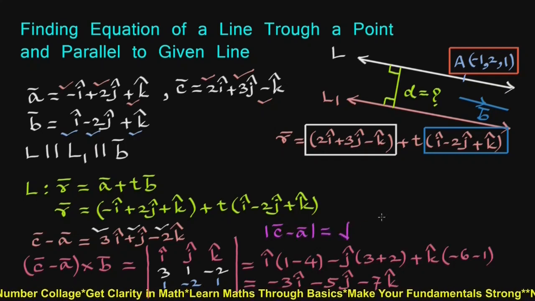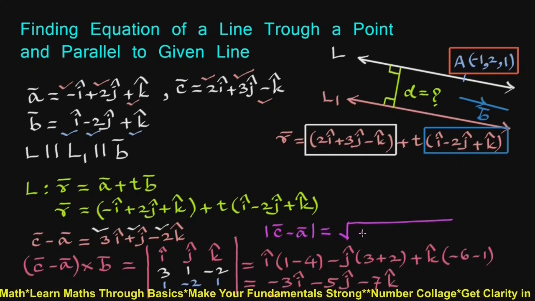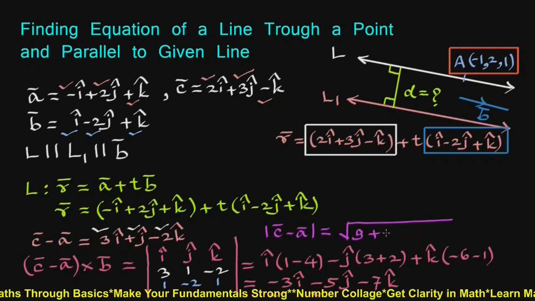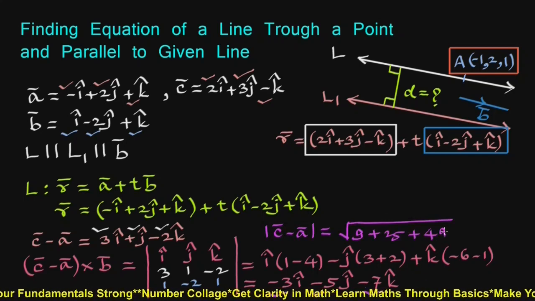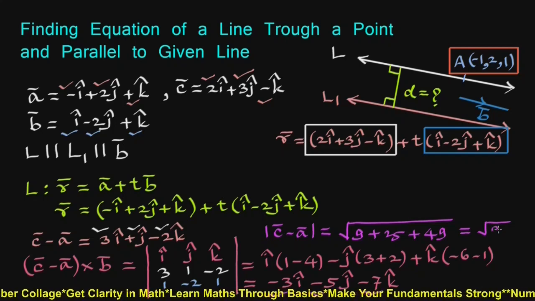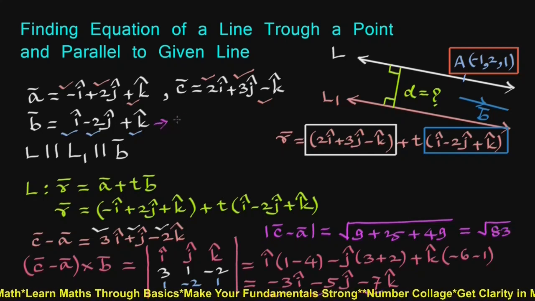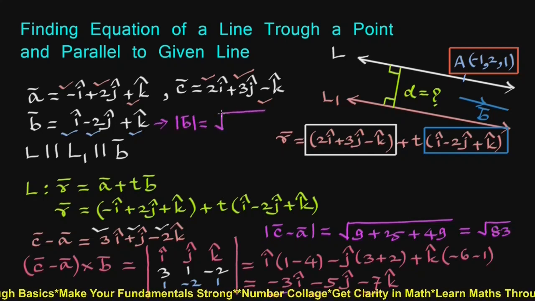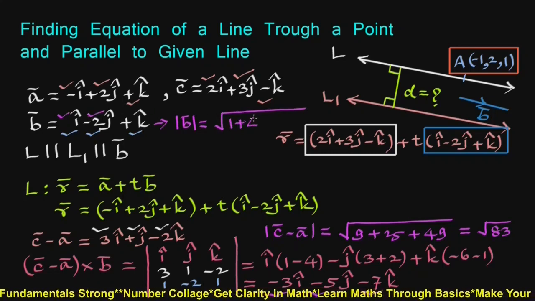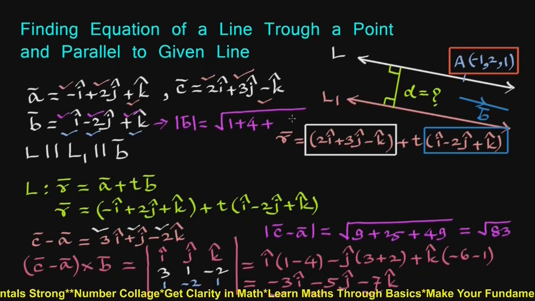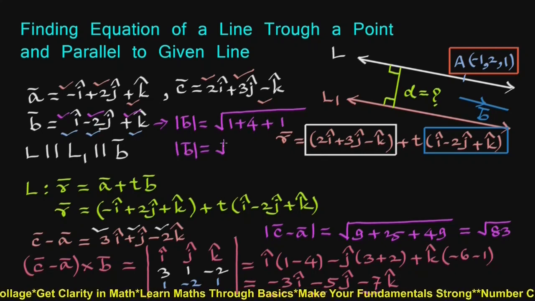And mod of (c bar minus a bar cross b bar) will be the square root of minus 3 square 9 plus minus 5 square 25 plus minus 7 square 49, root 83, and mod b bar will be the square root of 1 square 1 plus minus 2 square 4 plus 1 square 1, root 6.